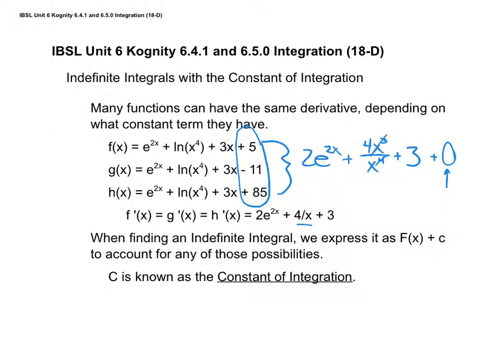Oh, okay. Yeah, on all three of those, that constant, when you take the derivative, is 0. So, because we recognize this, if we were taking the antiderivative of f, we would say it's capital F of x plus c. And that opens up the door for any vertical translation, because that's really what's going on here. When you add a plus c, it's a vertical translation of the function up or down.